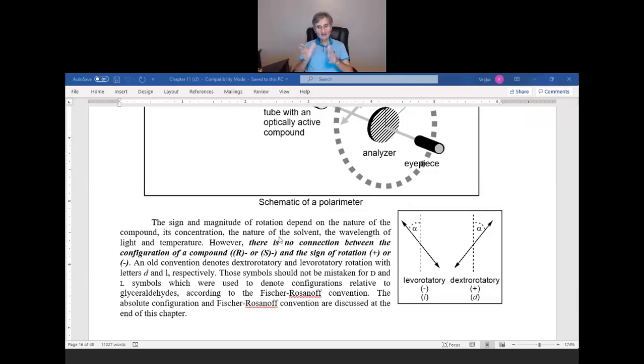And then from that relationship, we can see by how much light is being rotated. Because a rotation of, let's say, plus 5 degrees could be plus or minus 365, not 5, but 365, or something like that, because it could be a full circle plus another 5 degrees, and so on. So that's why we need a minimum of two measurements at different concentrations to figure out the actual extent of rotation.